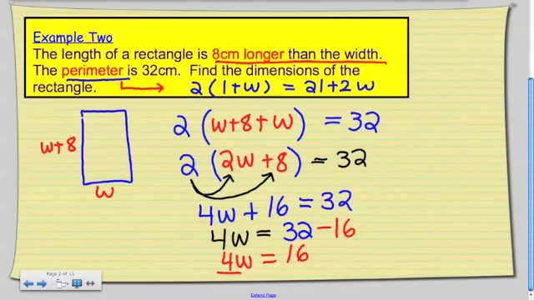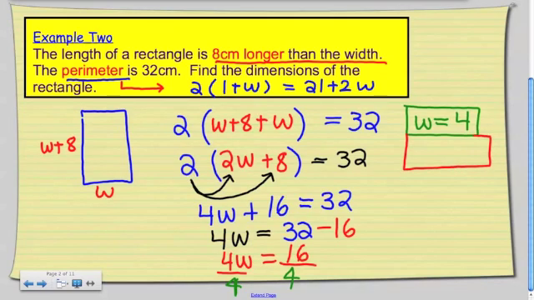So if we divide both our sides by 4, that gives me a value of W is equal to 4, because 16 divided by 4 is 4. What is my expression for my length again? Okay, so length is equal to W plus 8. So 4 plus 8 is going to give me 12.